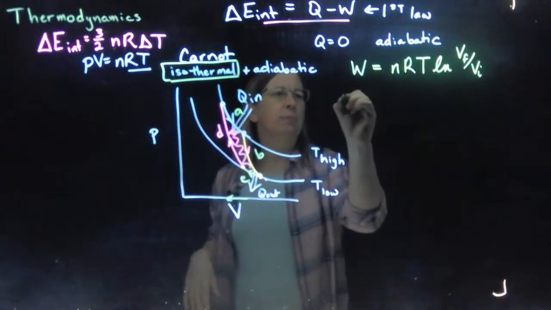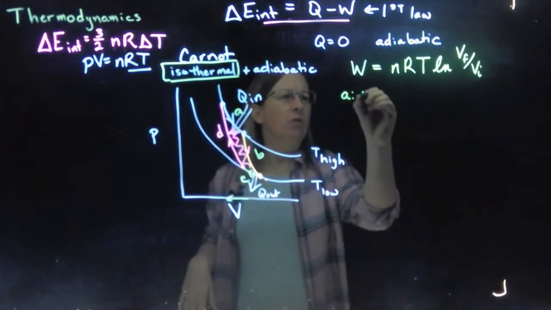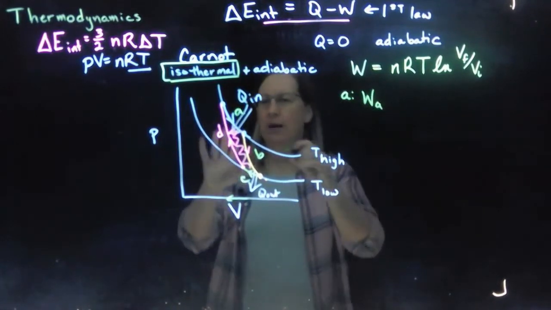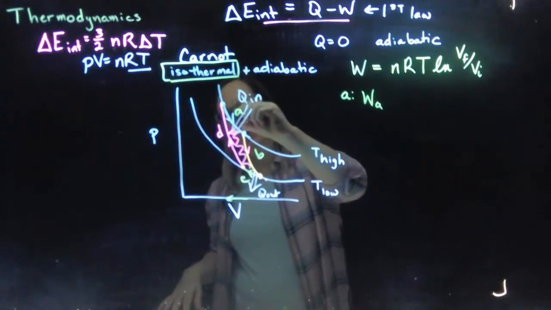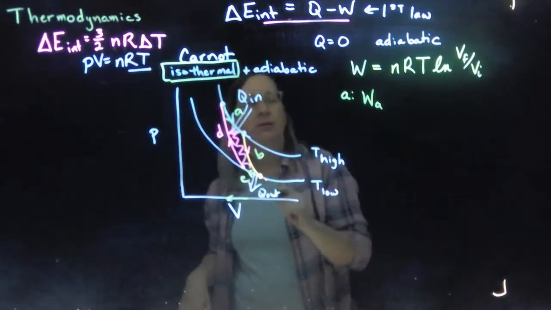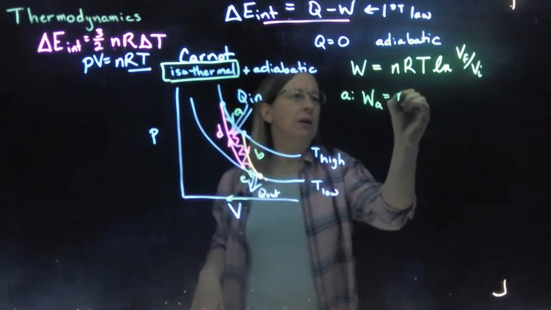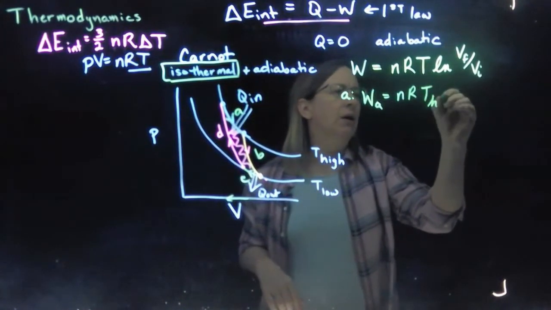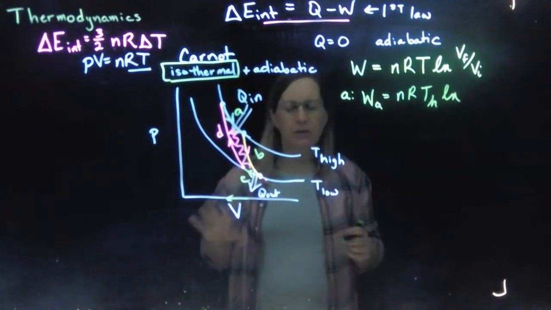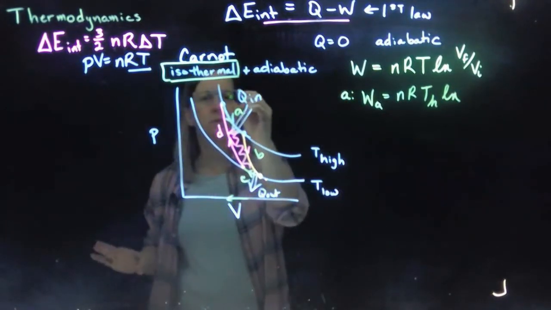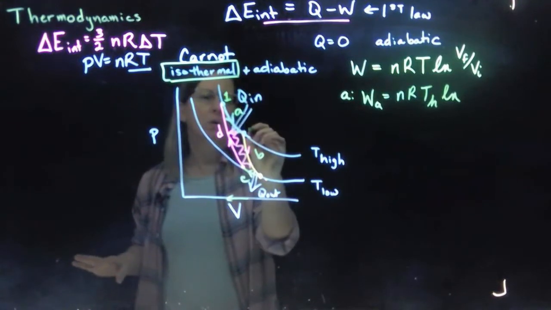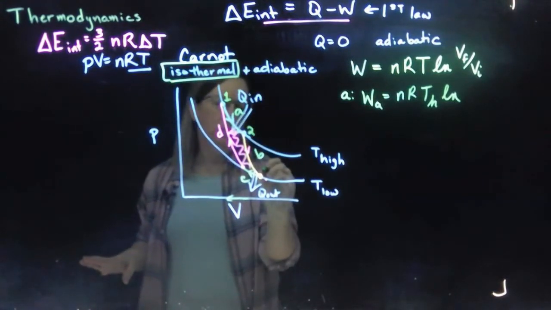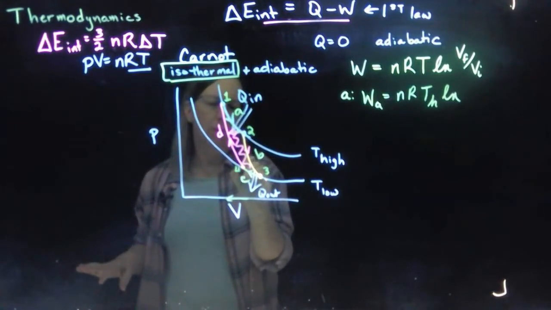For step A, the work for A is the area under this curve right here, and that's positive. It's going to be nR, this temperature is temperature high, natural log of, now I've got to label some V's, some points. This is going to be 0.1, 0.2, 0.3, and 0.4.